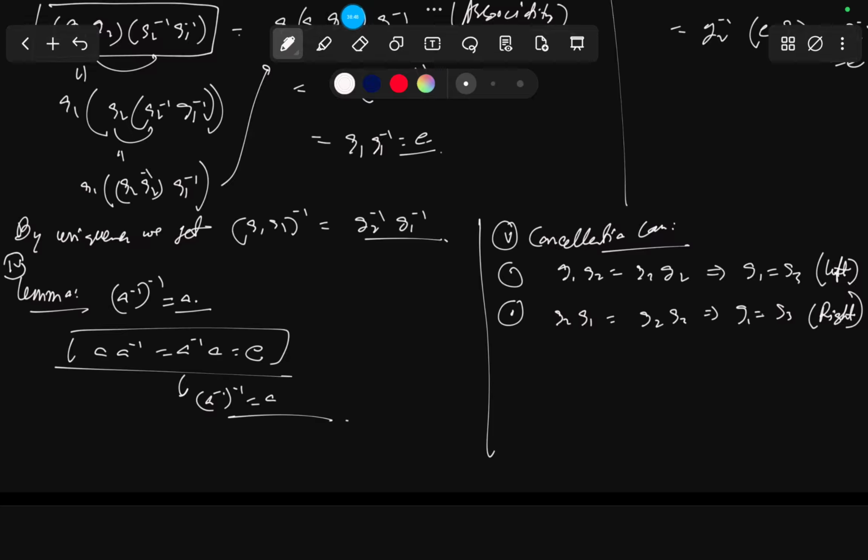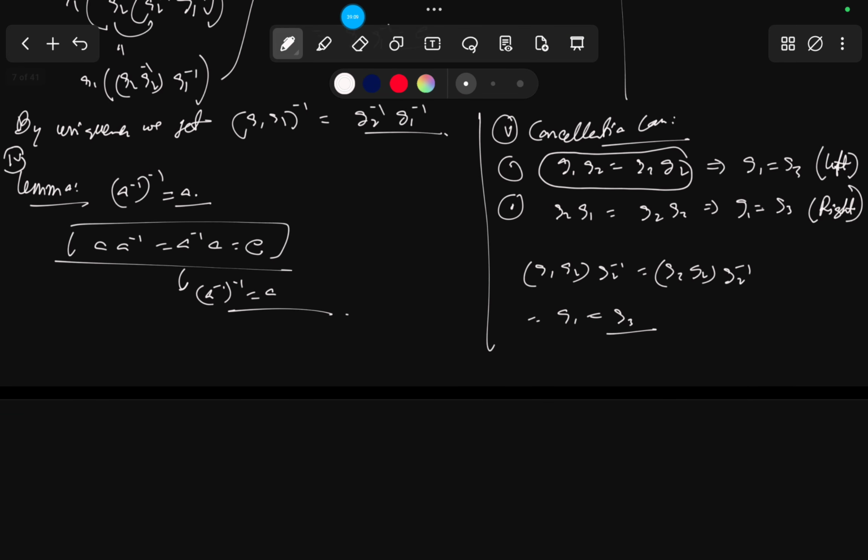We multiply both sides by g2 inverse from the right, so g1 g2 g2 inverse is g3 g2 g2 inverse, which gives g1 is the same as g3.